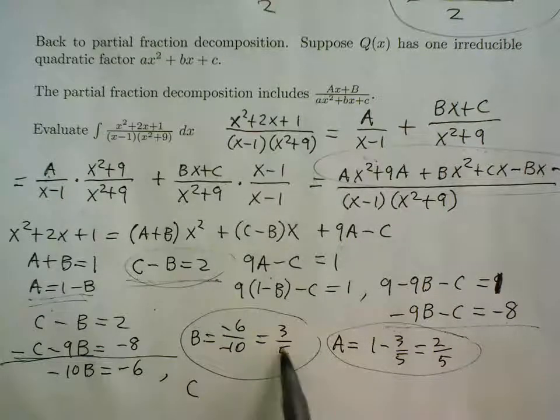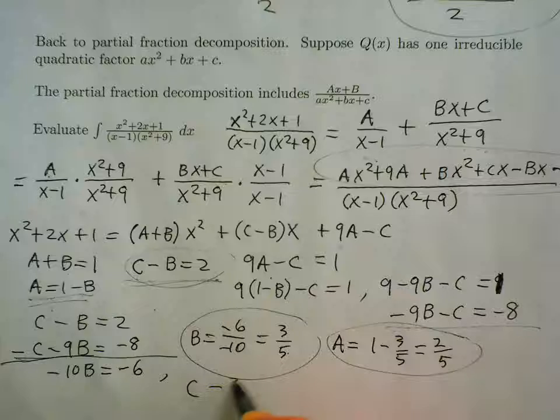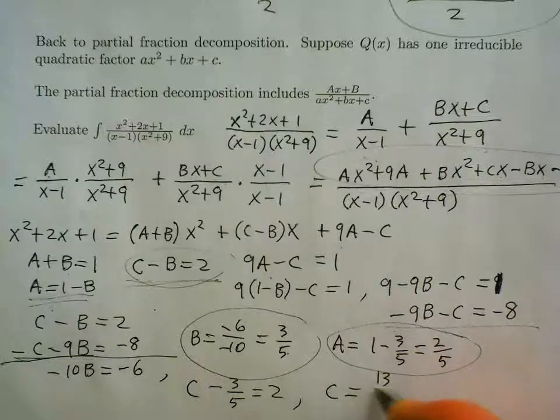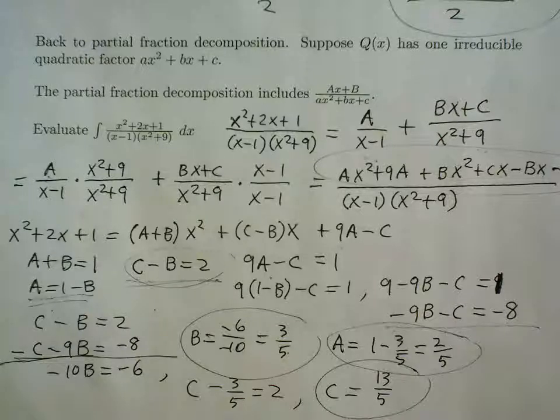Since B is 3/5, we can write C minus 3/5 equals 2. Then add 3/5 to both sides, and we get C equals 13/5, because 2 plus 3/5 is 13/5.